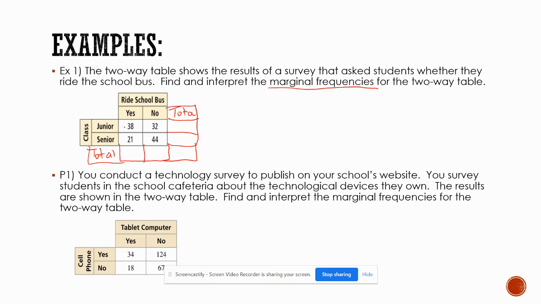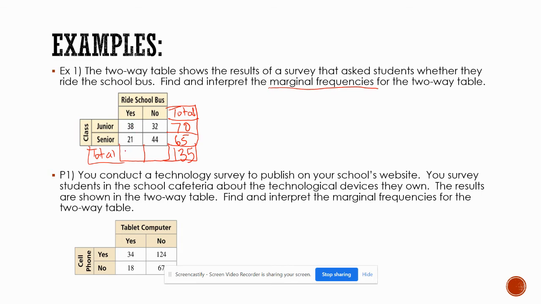And so our total of juniors, we're going to add the 38 and the 32, which will give us 70. The total seniors, 21 plus 44 is 65. 70 plus 65 is 135. We're going to add the columns.